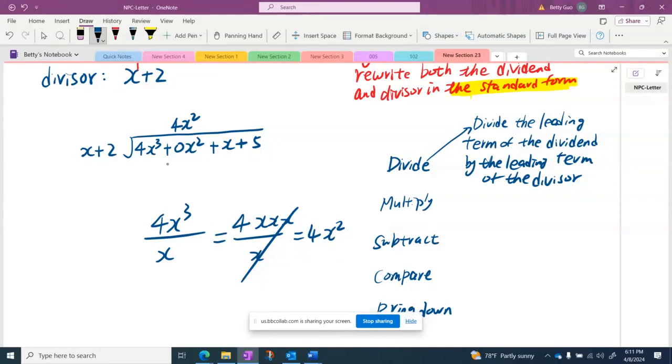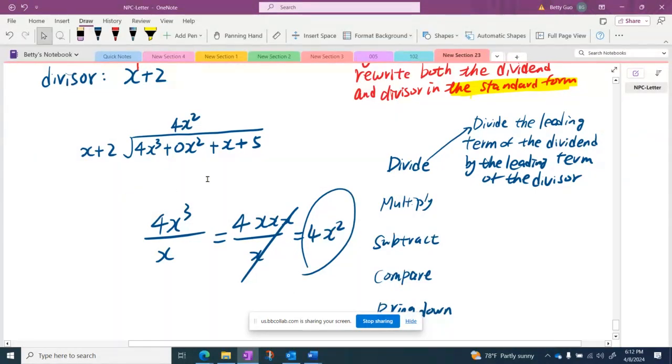Pretty intuitive because the leading term, right? Dividend divided by divisor, and leading term of the dividend divided by leading term of the divisor. And then you're going to have a quotient, and you're going to place the quotient on top of the roof. So far, so good? We're not done yet, by the way. We have to go through all the steps in the procedure, and then we might have to go through the procedure a few times, depending on the problem.